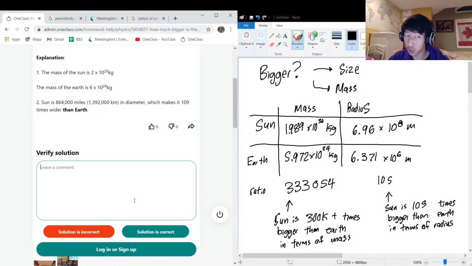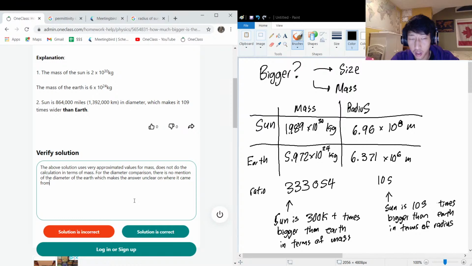The above solution uses very approximated values for mass, does not do the calculation in terms of mass, and for the diameter comparison, there is no mention of the diameter of the Earth, which makes the answer unclear on where it came from.